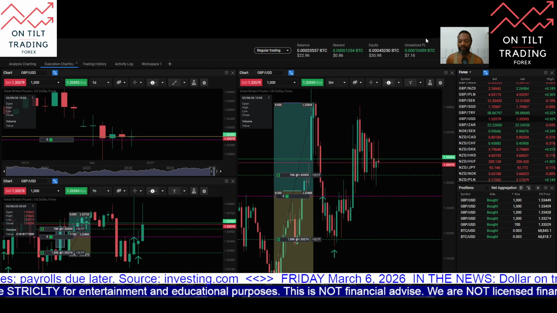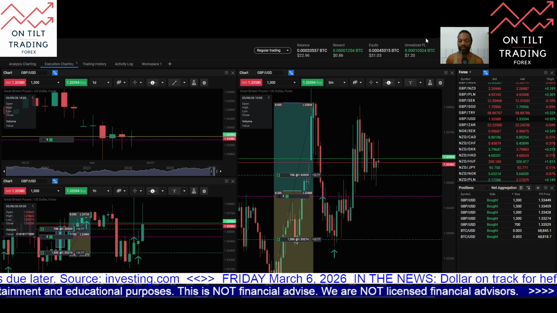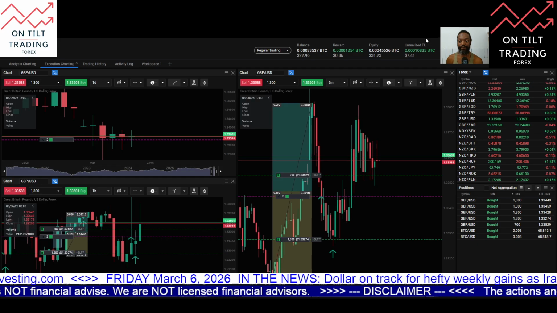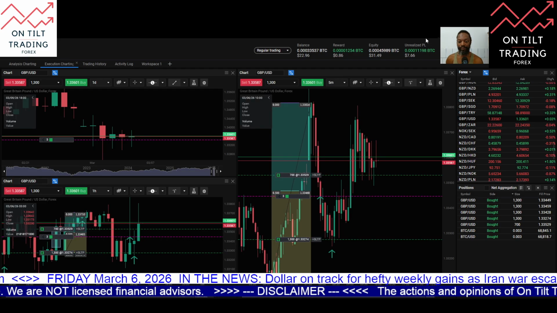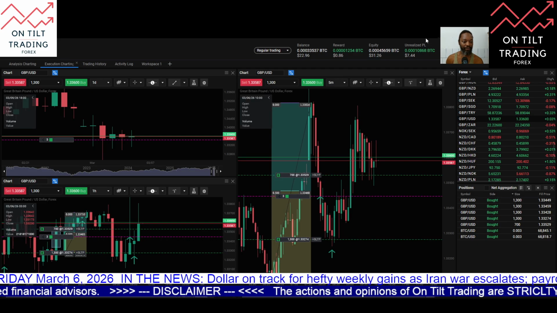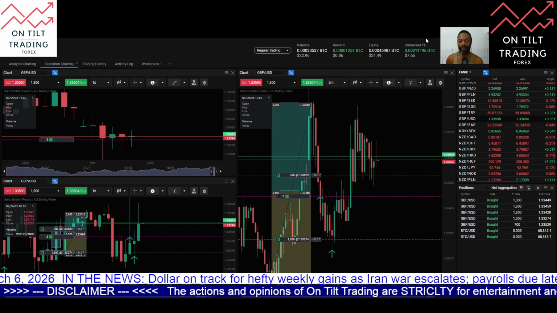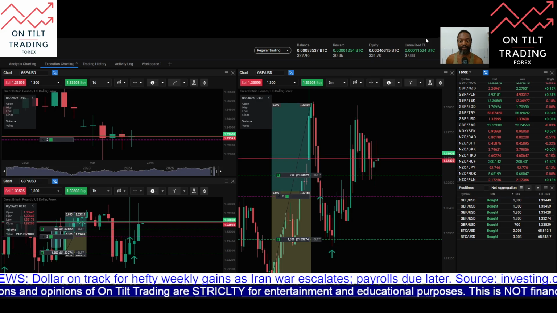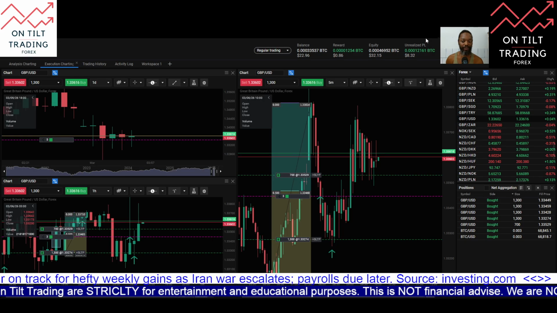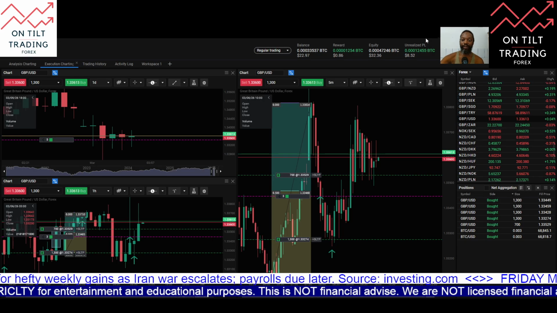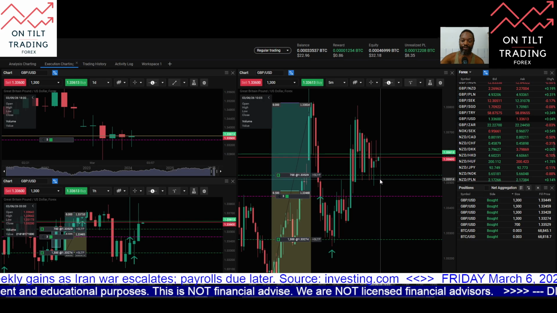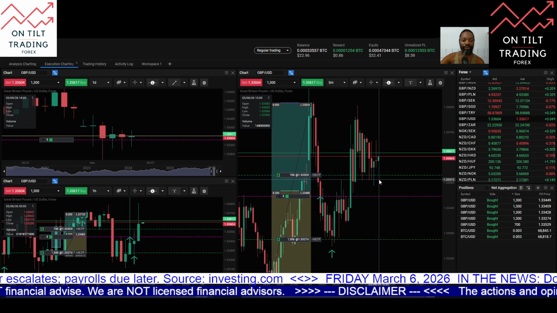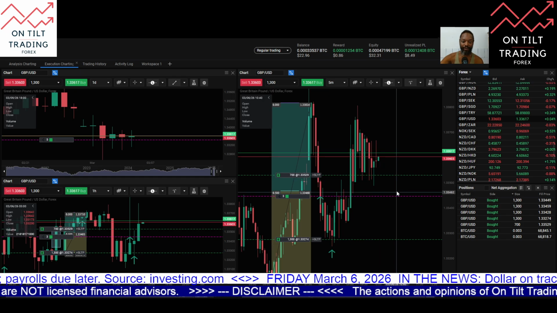Price looking to close out the kill zone here at the 133,580 area, consolidating. And that concludes today's New York AM kill zone. I'll keep an eye on this currency pair to see if price wants to continue bullish price delivery, as overall price action is very bullish overall, even though it is struggling here to deliver at the moment.